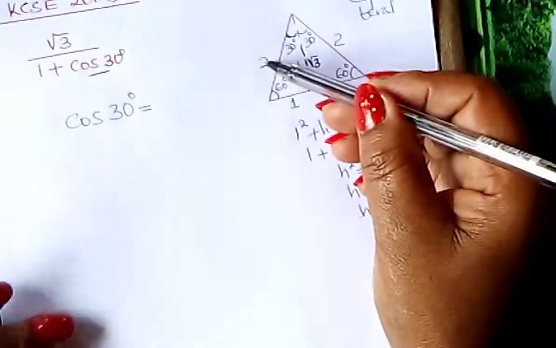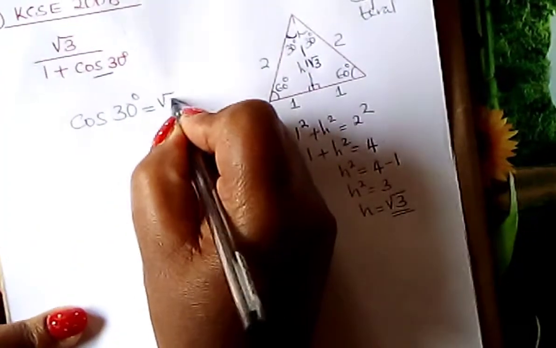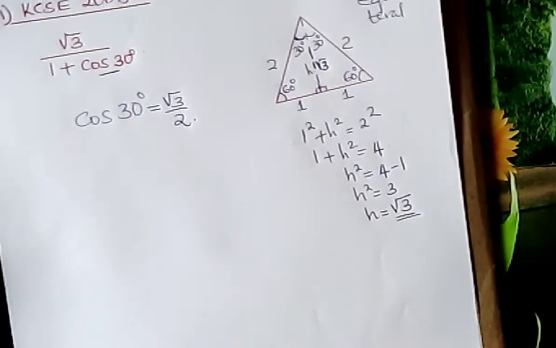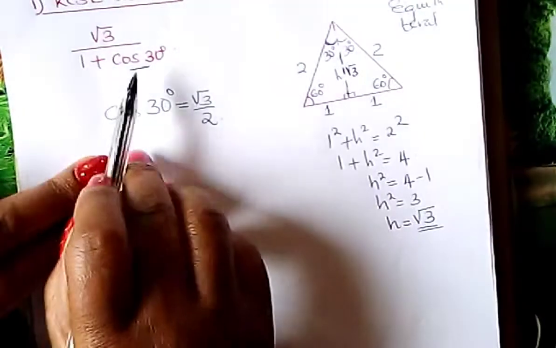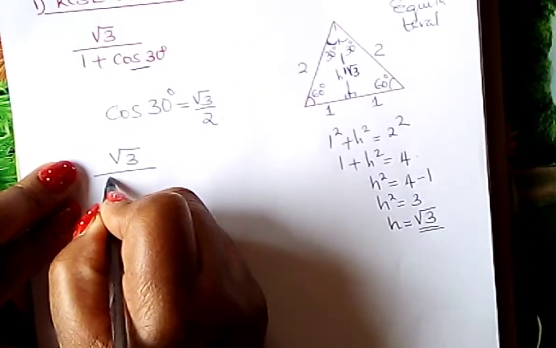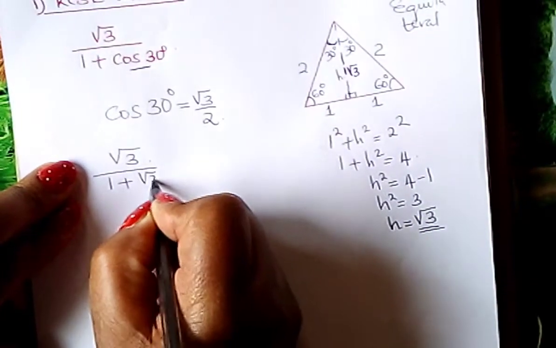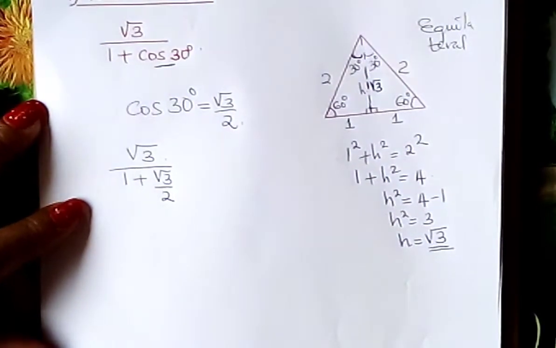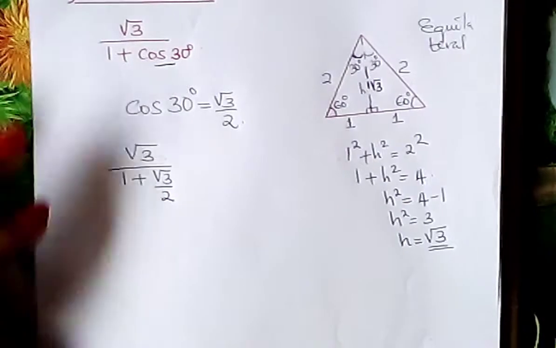That is our cos 30. Now you come and fix it here. So you talk of root 3 divided by 1 plus root 3 over 2. There we are, without using mathematical tables or calculators.